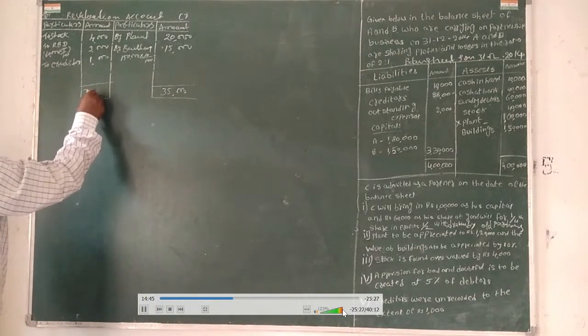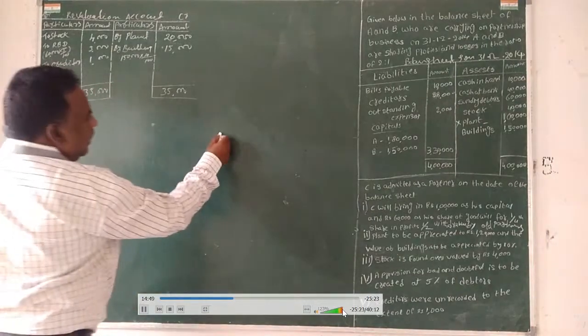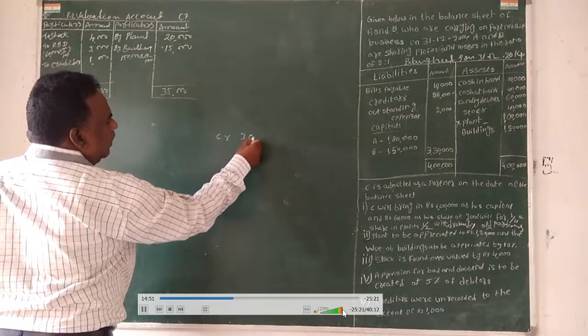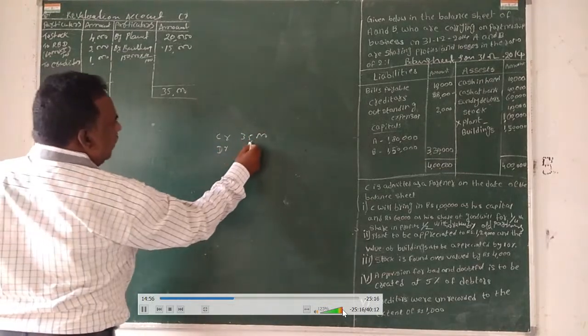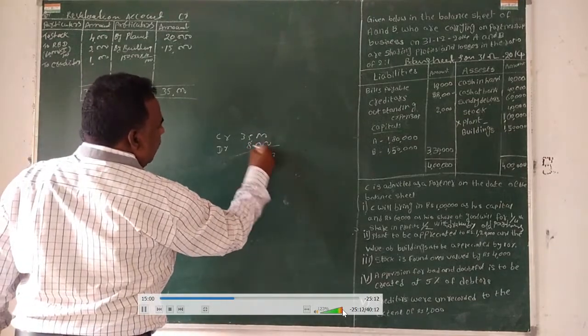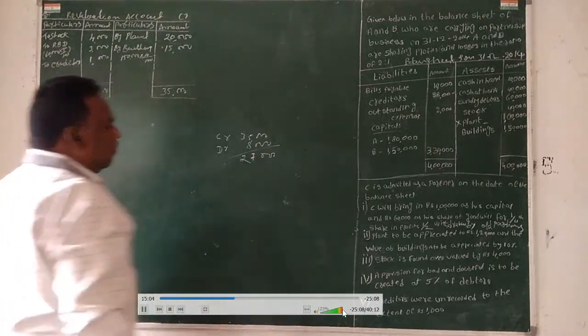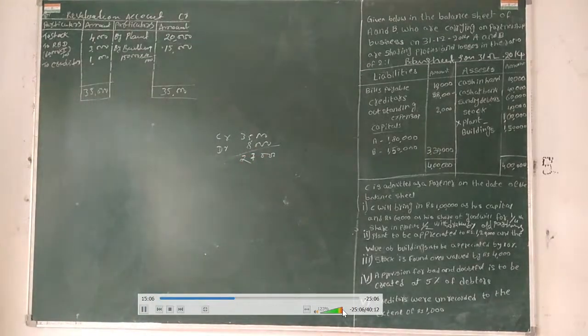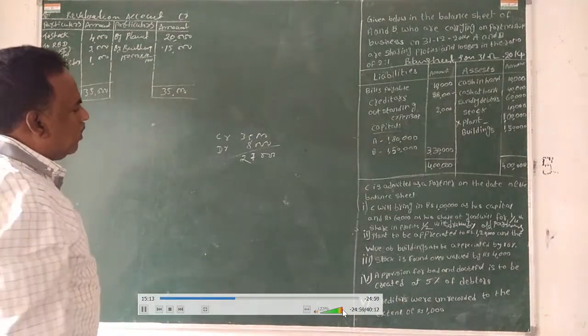Total profit 27,000: credit balance 35,000, debit balance 8,000, net profit 27,000. It was distributed between A and B. A share 18,000, B share 27,000 multiplied by 1 by 3 equals 9,000.